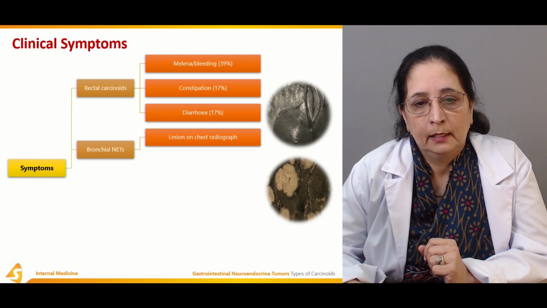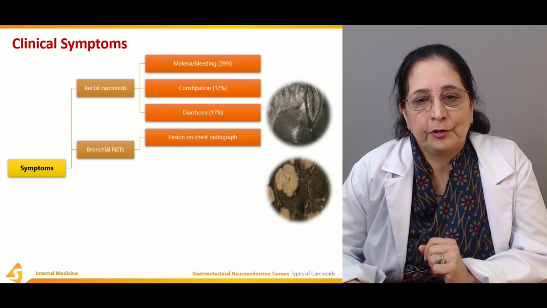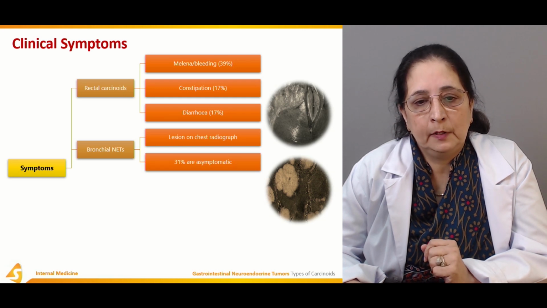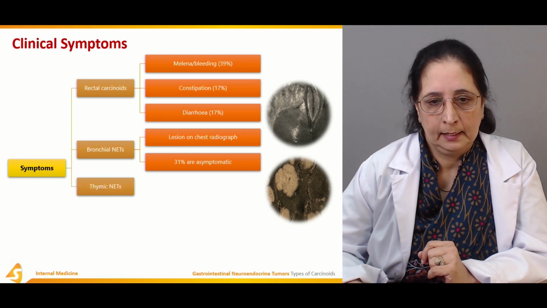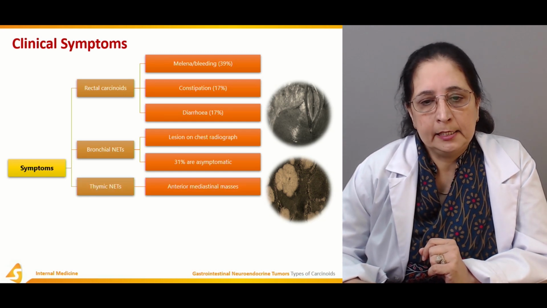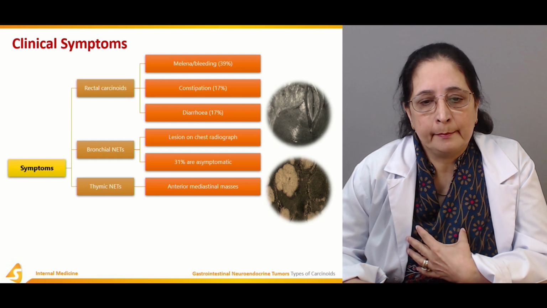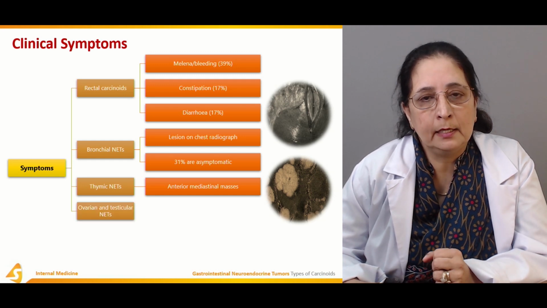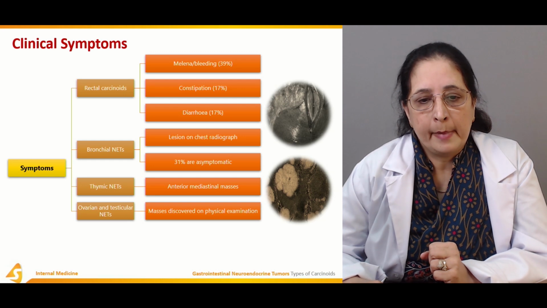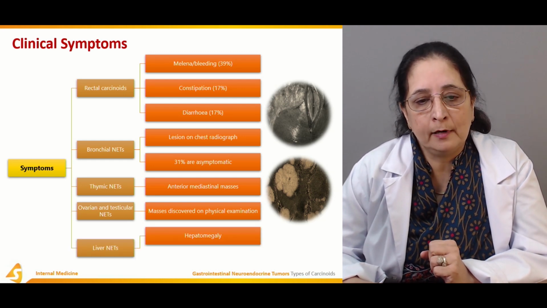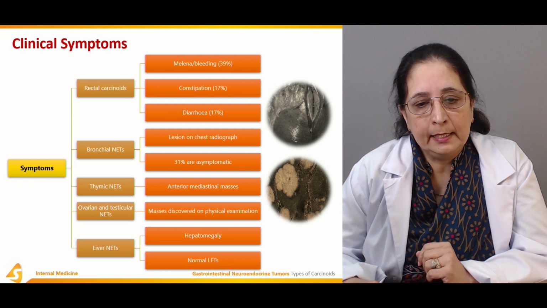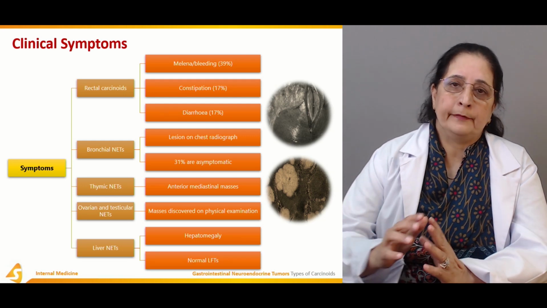If it's bronchial, a lesion on chest radiograph is visible, 31% are asymptomatic. Thymic: anterior mediastinum mass is present. Ovarian and testicular masses are discovered on physical examination. Liver: hepatomegaly and normal LFTs.